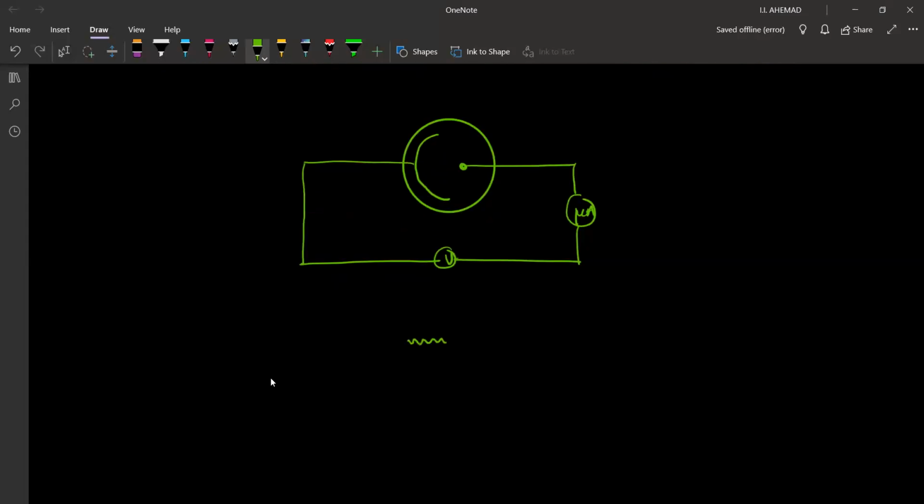To provide an external voltage, we also have a variable resistor. So this is a sliding key. Using this sliding key, we can adjust the voltage.